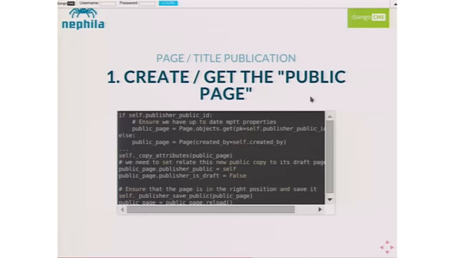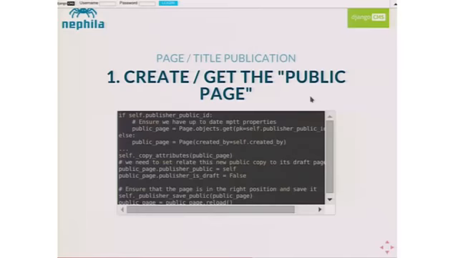So the first thing is getting or creating the new page, obviously. This is in the case you have no public page, no live page before. Otherwise, you just recycle the existing one. Then you copy all the attributes from the draft version to the live version, with special care for these ones, which are the attributes which link together the public and the draft, because you will want to go back and forth between the 2 versions of the same page in a very easy way.